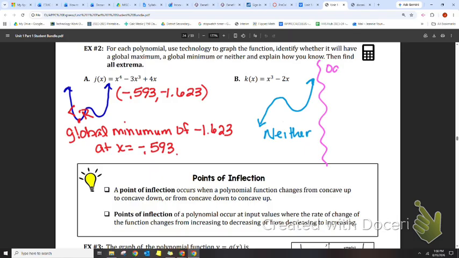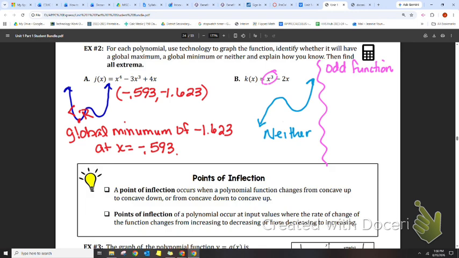This last one is what you call an odd function. How do you know it's odd? Well, one thing, because its degree is an odd number, okay? The degree on this one would be 3. And because that's an odd number, that means this is going to be an odd function, okay?